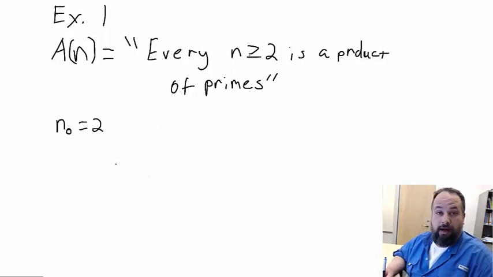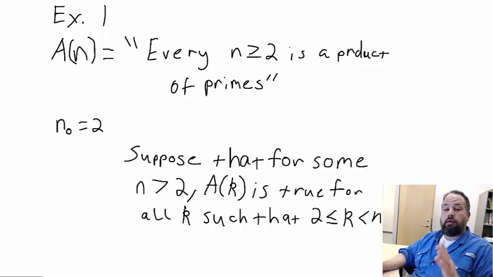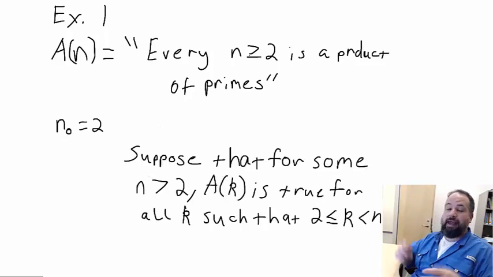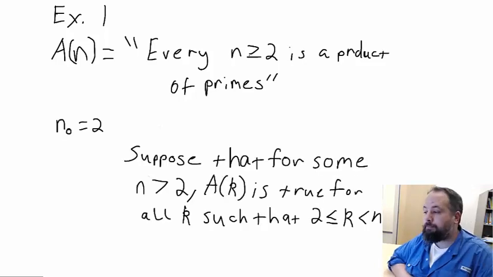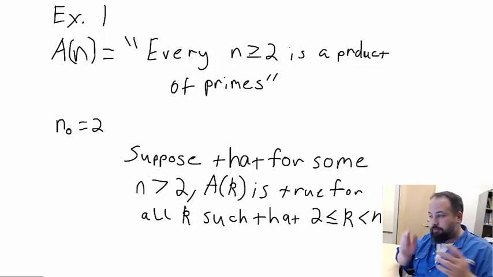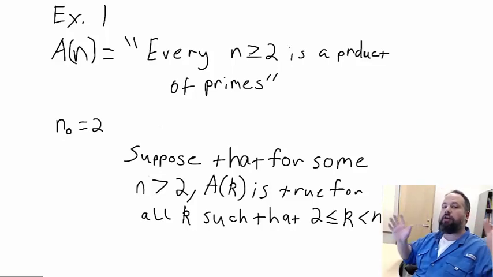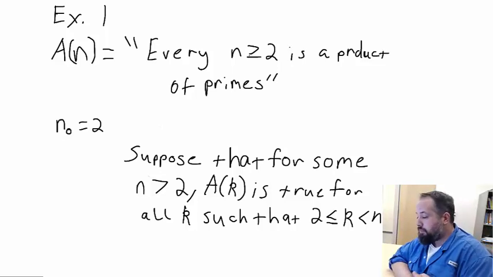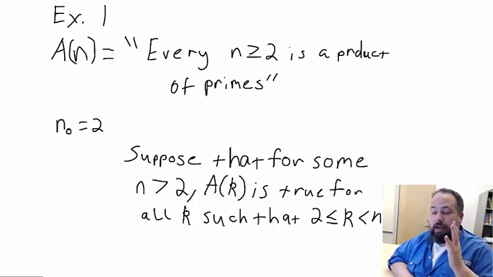Our inductive hypothesis is going to be, suppose that for some n that's greater than 2, A sub k is true for all k such that k is greater than or equal to 2 but less than n. Right? So k is somewhere between 2 and n.